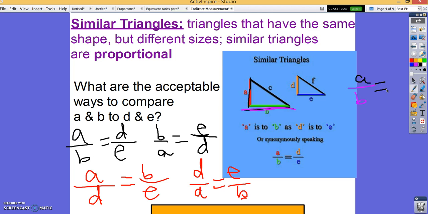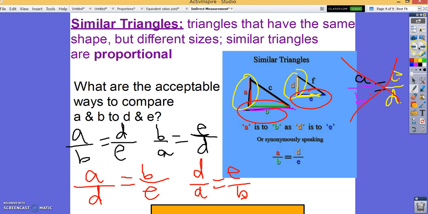I cannot say that that is equal to E over D. And the reason is that A should be matched up with D, and they're not matched up. They're across from each other. And in addition to that, obviously, B should be matched up with E, but they are also across from each other. So this is something that would not be an acceptable comparison.